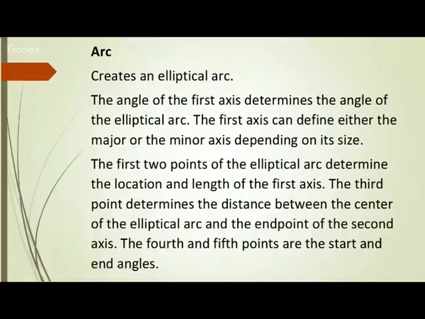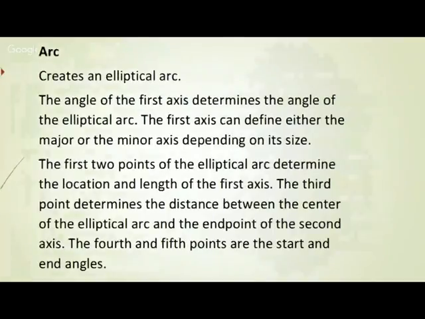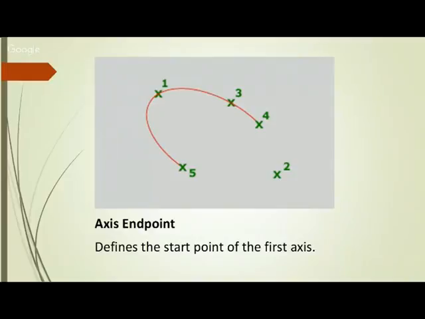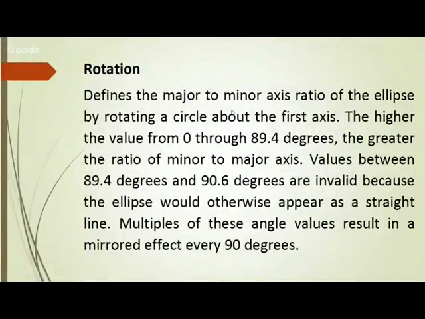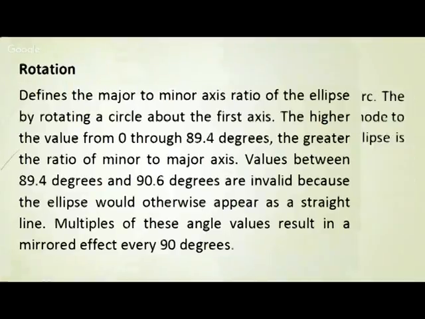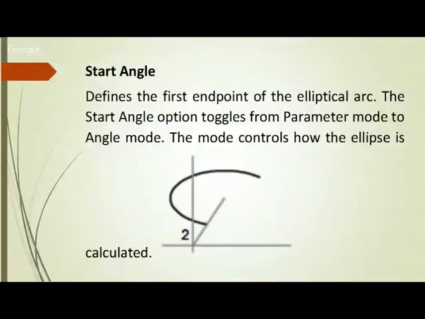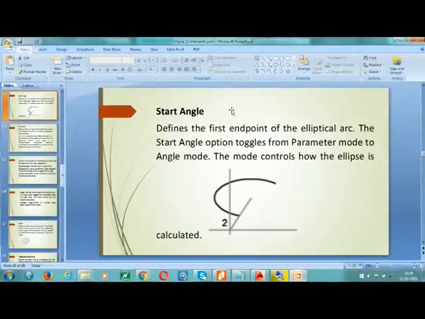An elliptical arc can also be created by this method, right? Okay, let us quickly go to the first. We'll draw the simple ellipse, and then we'll come back to the elliptical arc. Right?